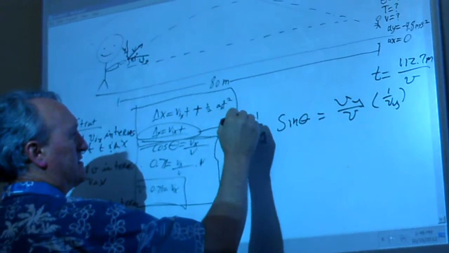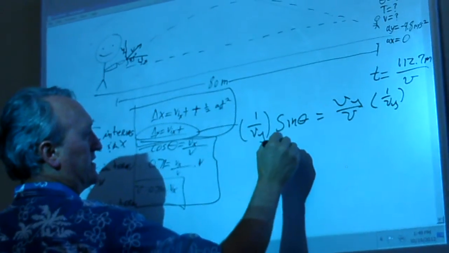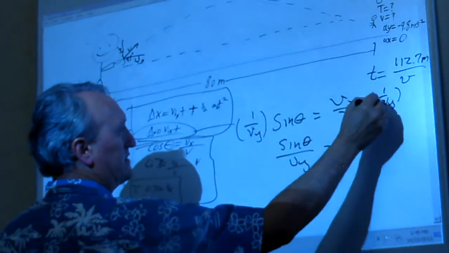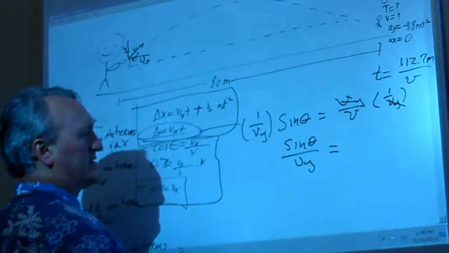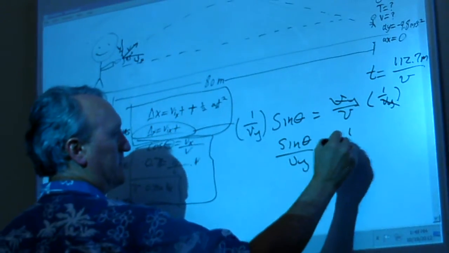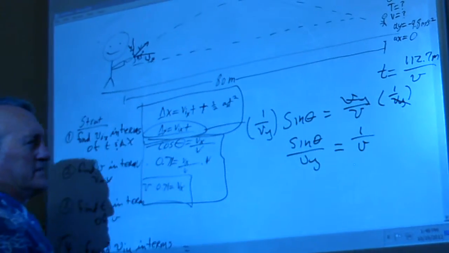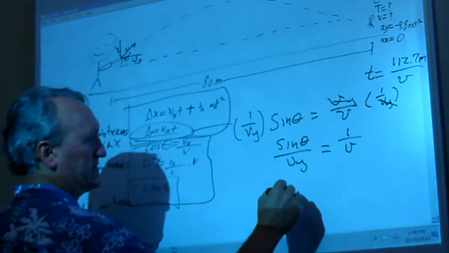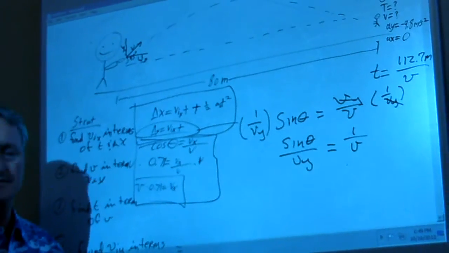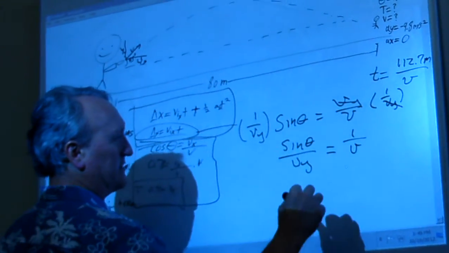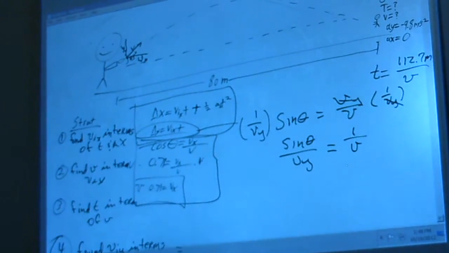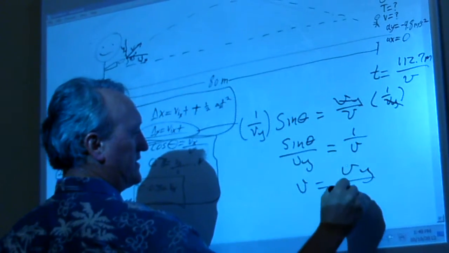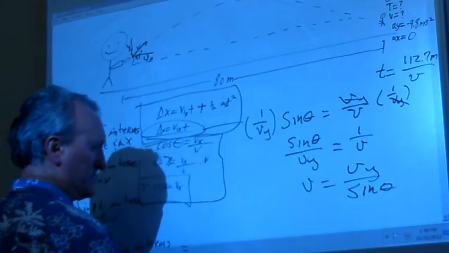Yeah. So now I have sine theta over Vy. These cancel, and what do I have on this side? 1 over V. I don't want 1 over V, do I? I want V. So what's V? You can just flip them. So V is Vy over sine theta, right?